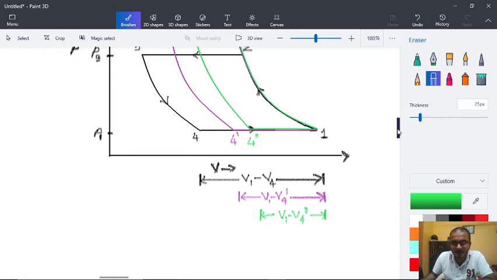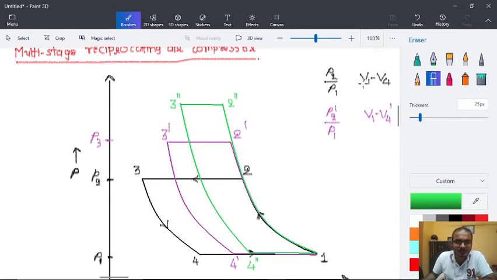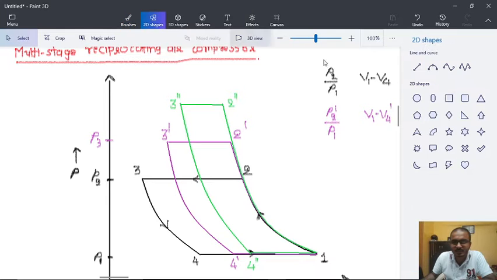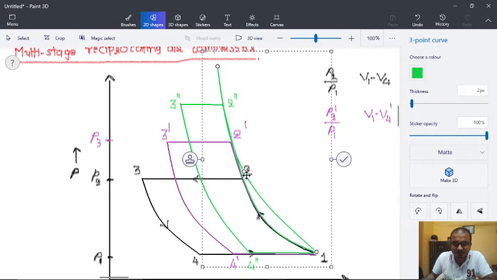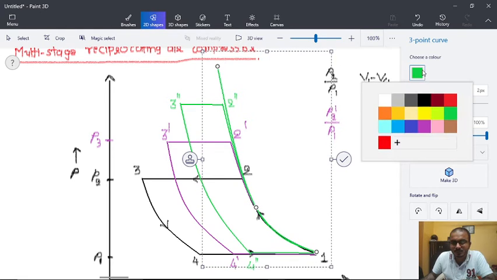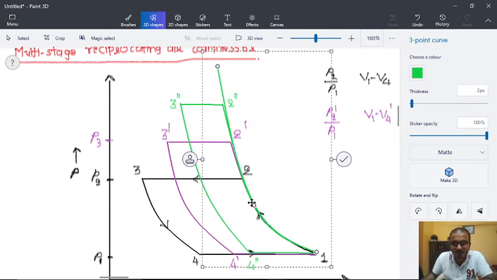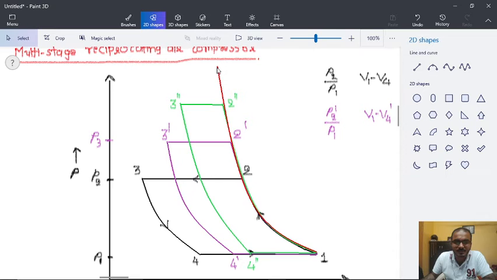Now let us take an extreme case where we further increase the compression ratio. What happens at one stage? At one stage, the volume at the exit of compression reaches the clearance volume.